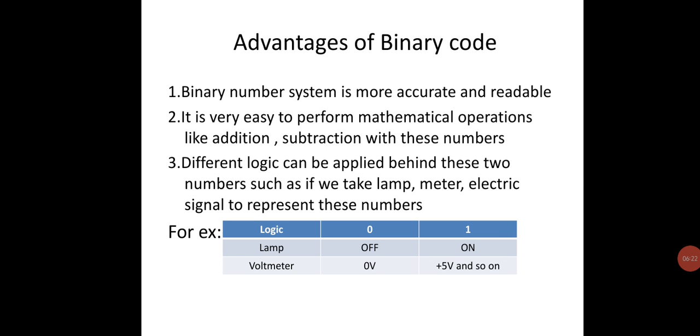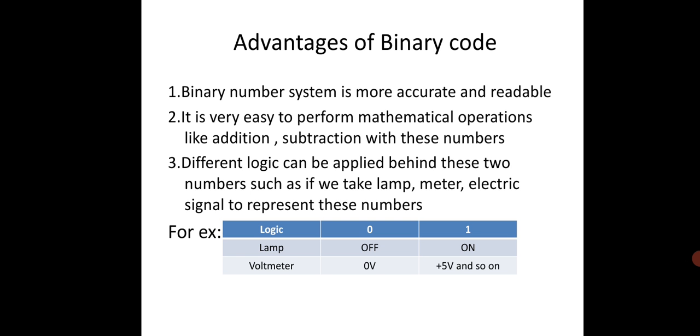Advantages of binary code. With the help of the binary number system, we get more accurate and readable data. It is very easy to perform arithmetical operations, that is addition, subtraction, with these numbers.